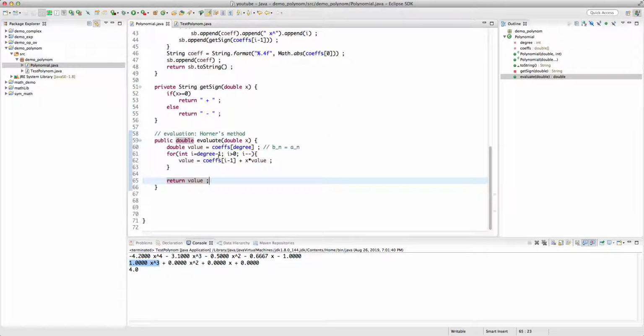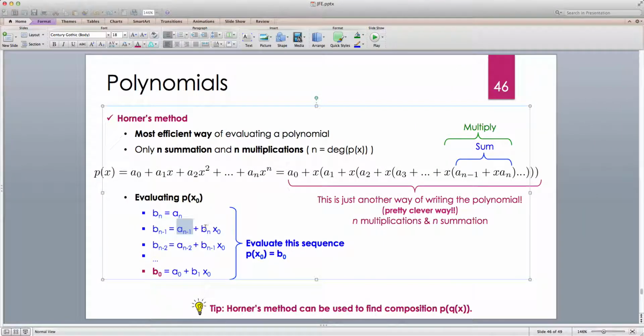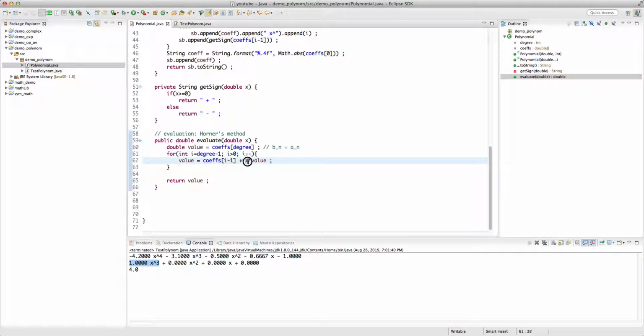The reason is that, let's see. So we start with the degree, okay, and at point, let's go back to the PowerPoint. We multiplied by x, okay, and then add the degree minus 1. So this should be degree, okay.